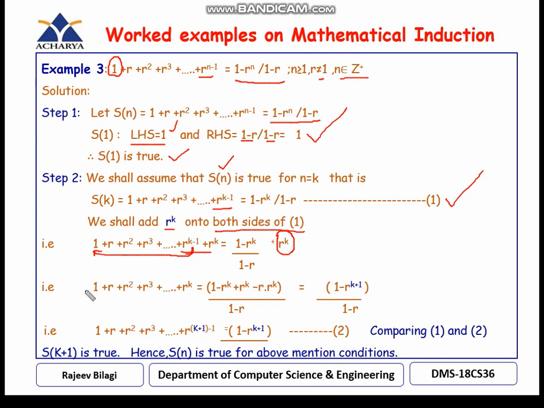So that is 1 plus r square plus r cube up to r^k. So I have taken 1 minus r as LCM. So 1 minus r^k plus r to the power of k into 1 minus r. Okay, I have taken LCM.